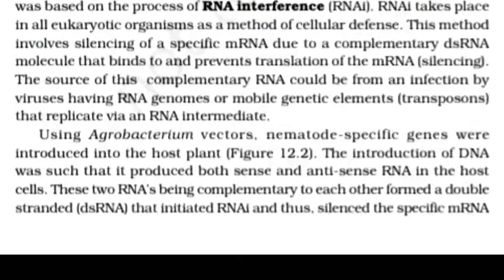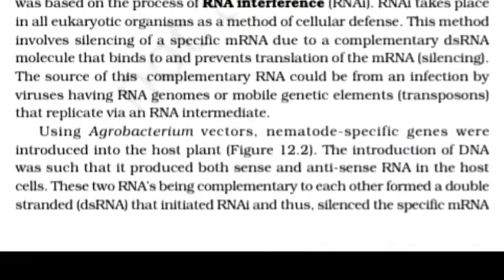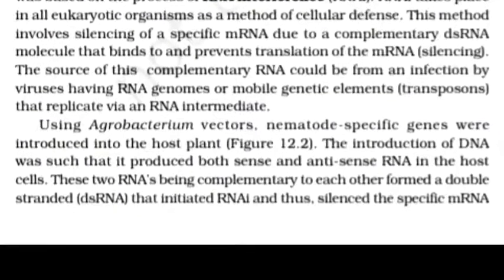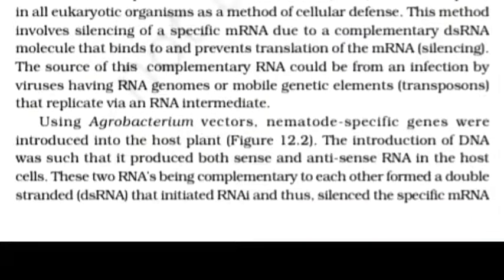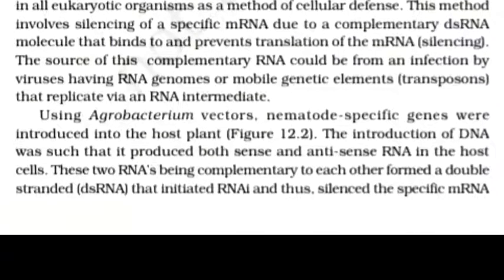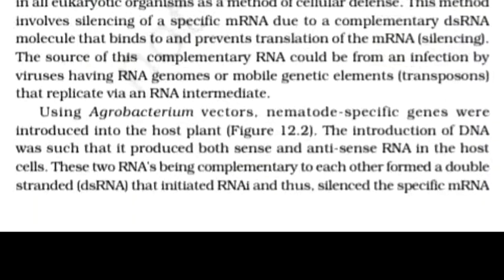Using an Agrobacterium vector, nematode-specific genes were introduced into the host plant. The introduction of DNA was such that it produced both sense and antisense RNA in the host cells.